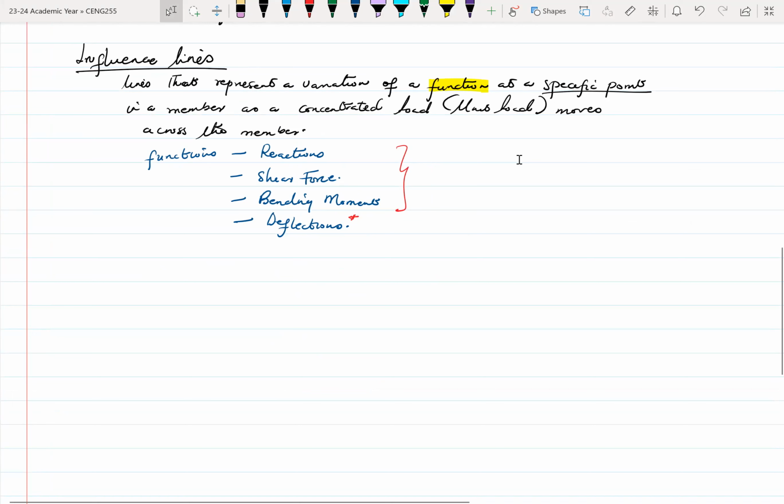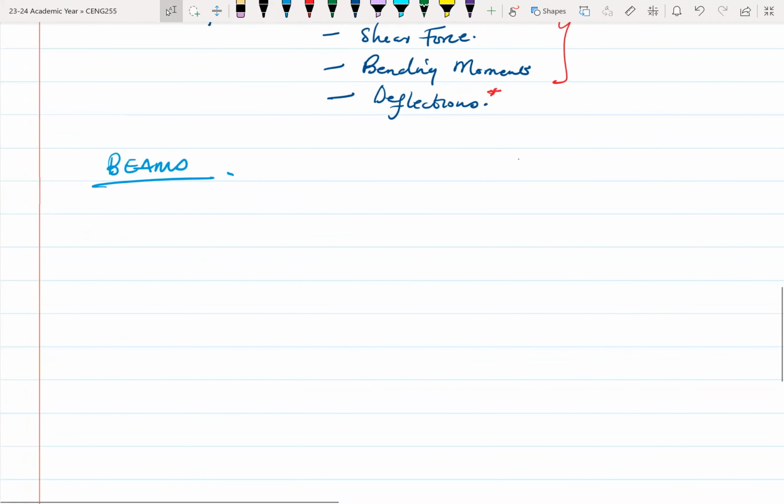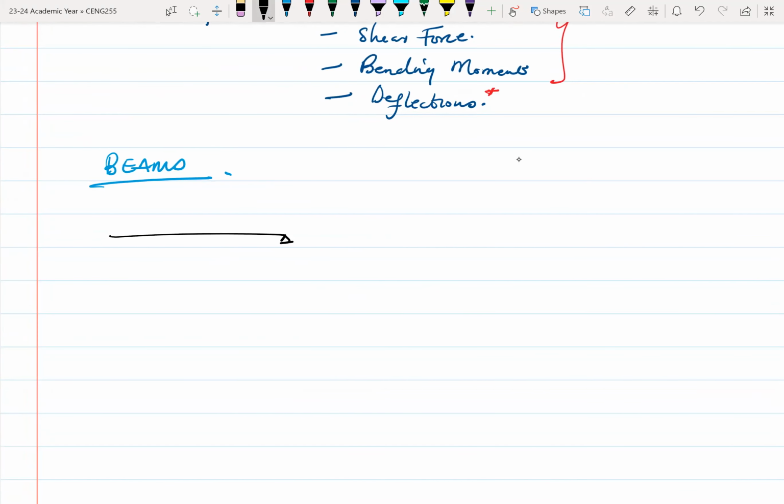So with regards to what you guys did, let's just do a recap of beams. Let's look at beams. So for example, if you have a beam, so this is your beam, nicely drawn, and then you have a unit load, 1 kilonewton.